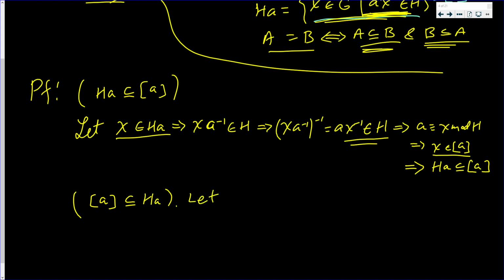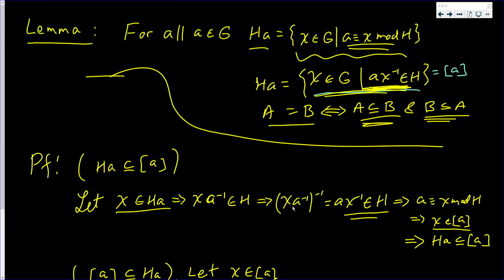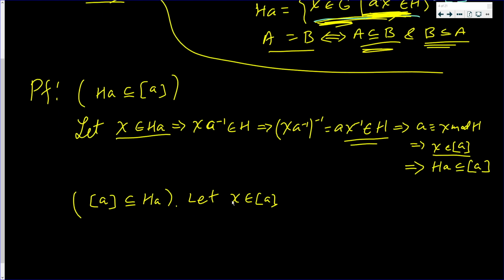So let x be in a brackets. Now, for x to be in here, ax inverse must be in H. That implies that ax inverse is in H. Okay, but that implies that since H is a subgroup, its inverse is in H. But the inverse is xa inverse.